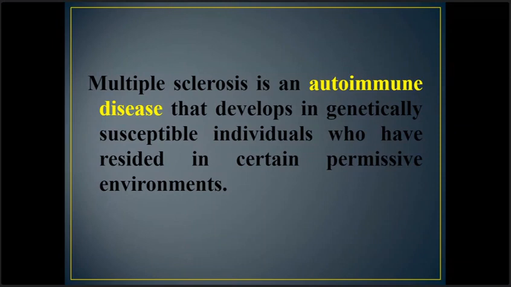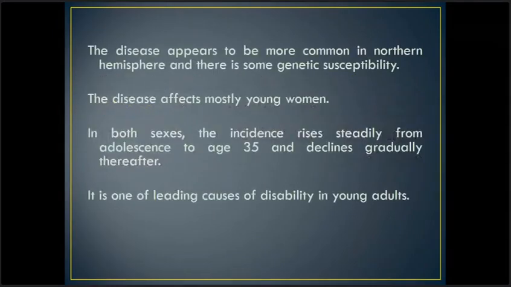From the general look, this autoimmune disease develops in genetically susceptible individuals who have resided in a certain permissive environment. Multiple sclerosis appears to be more common in the northern hemisphere, and there is some genetic susceptibility. The disease affects mostly young women.